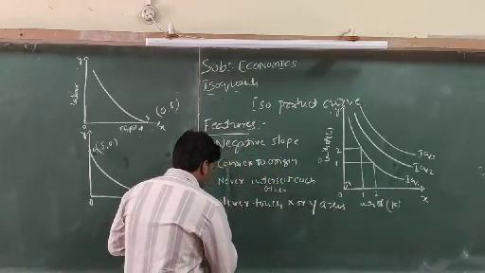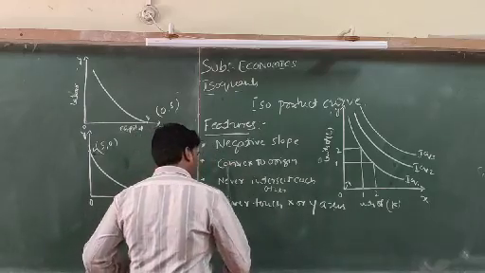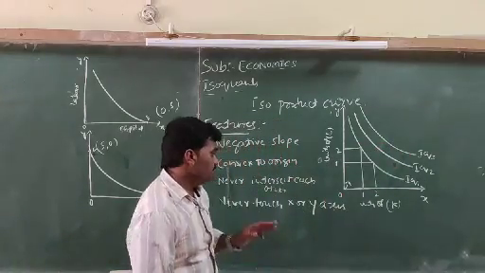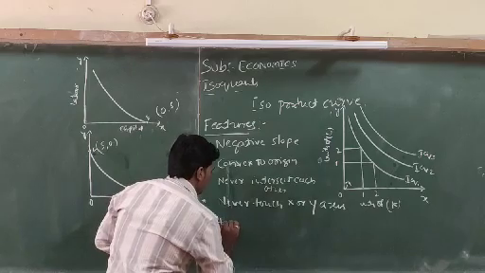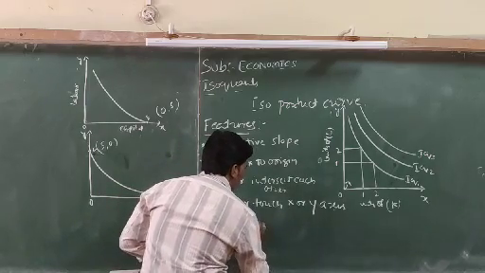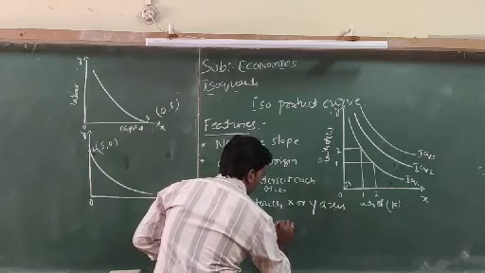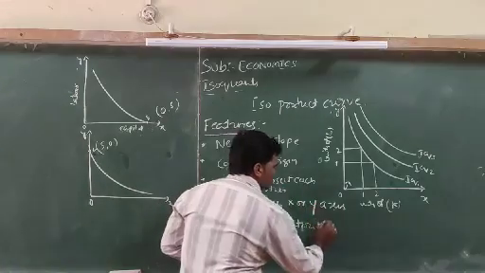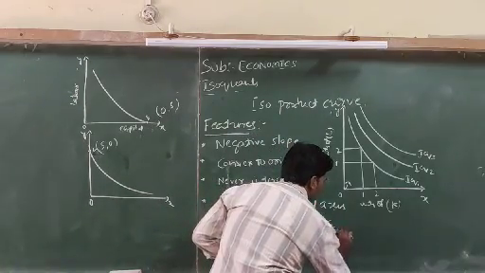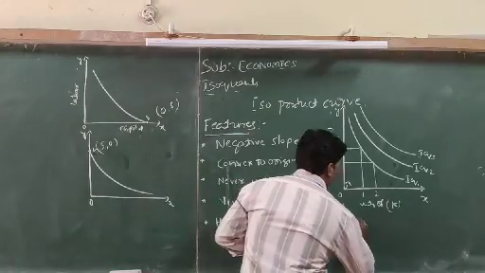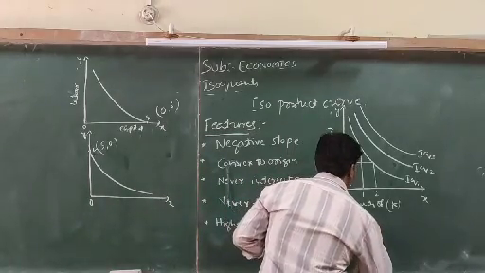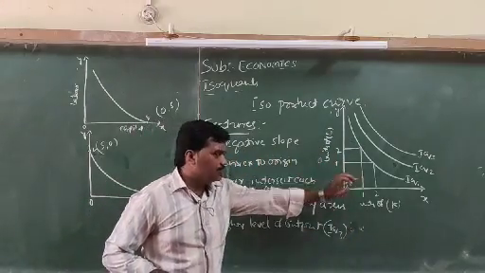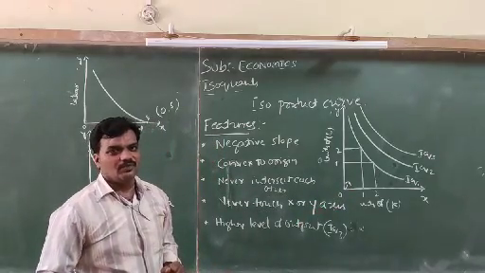Then the last point. See, in a set of isoquants, a higher isoquant represents a higher level of output, for example IQ3, and a lower level of output is represented by a lower isoquant, that is IQ1.